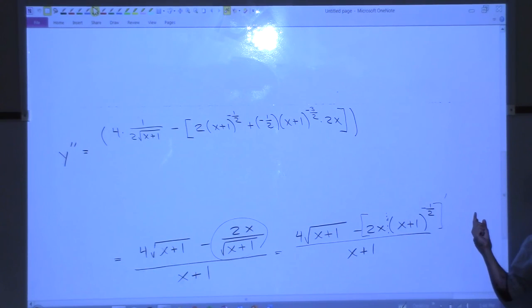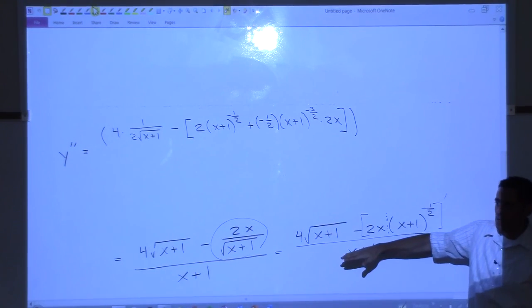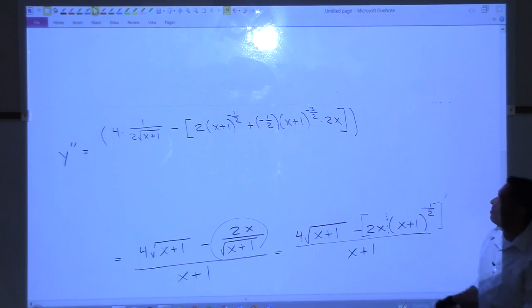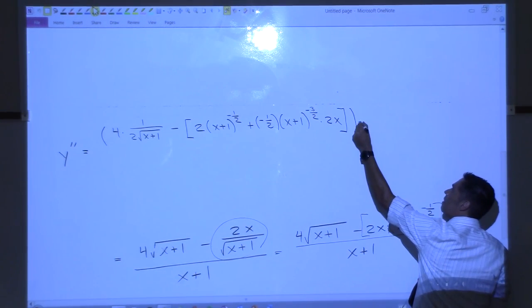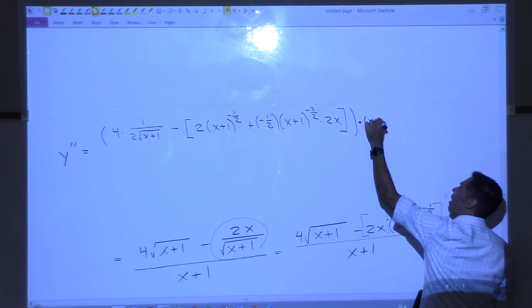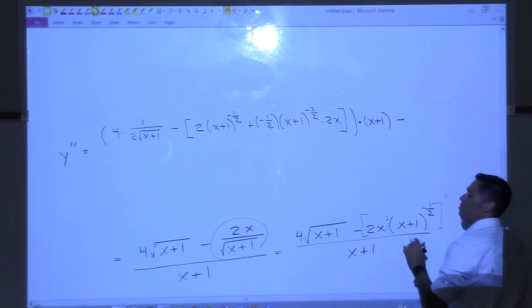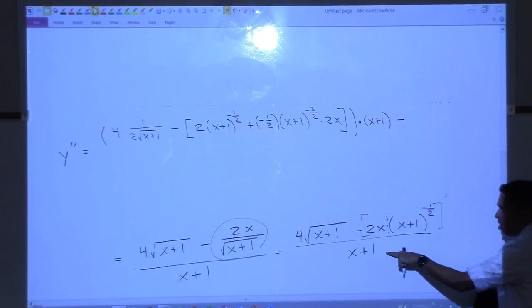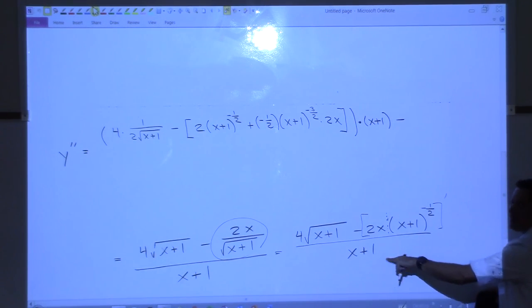Do you all agree? So back to the quotient rule, I'm supposed to be doing the derivative of the top times the bottom minus the derivative of the bottom times the top. So now I have to say times what? The x plus 1, that's the bottom. Now minus the derivative of the bottom, which is 1, so I don't need to write it, then times the top.